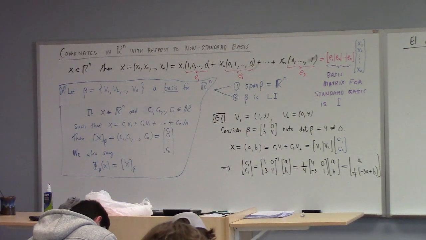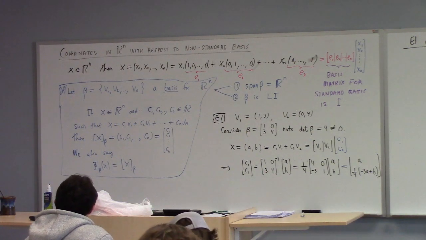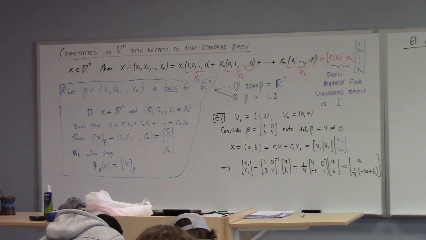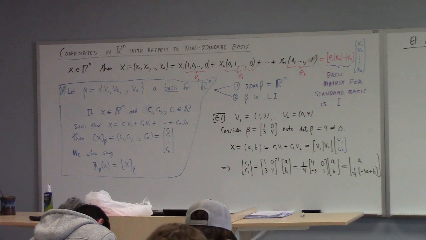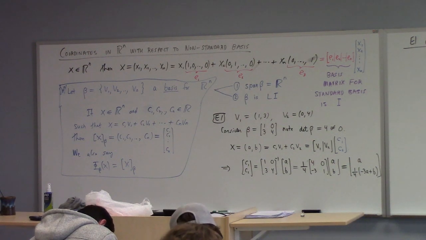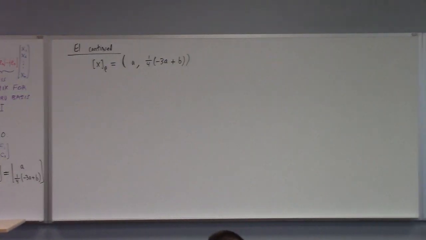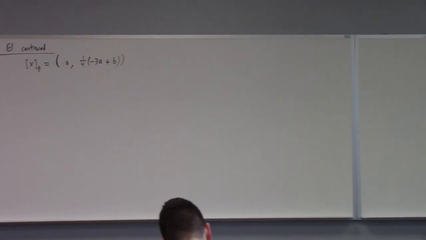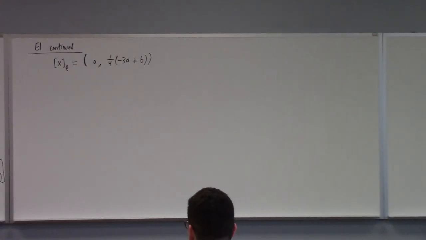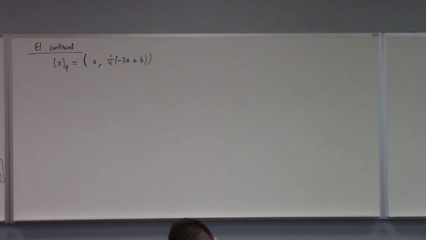No, I want to be real concrete with you guys here for a second. Let's actually try to work out what this means for a specific vector, rather than the formula I found for an arbitrary vector a, b. Let's see if we can specialize this to a specific vector, and I'll even graph it. This is probably a bad idea, but I want everything to work out whole number.